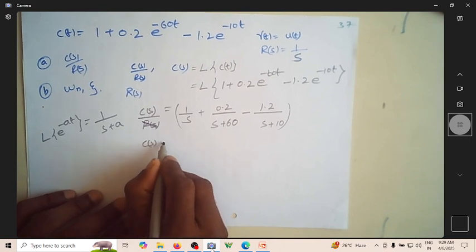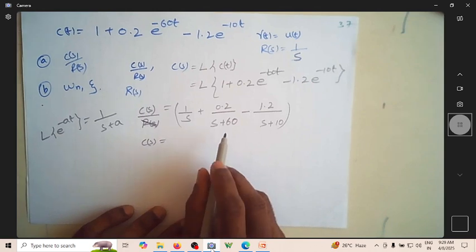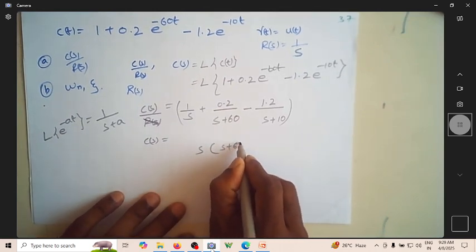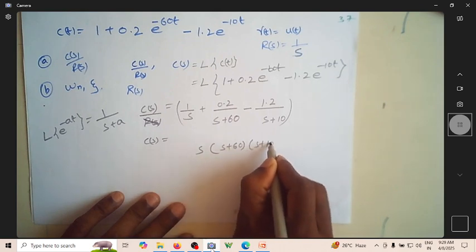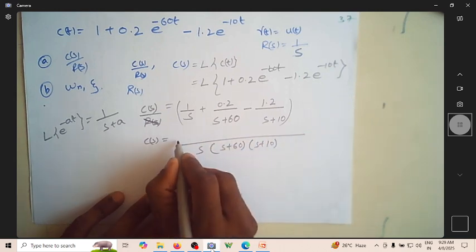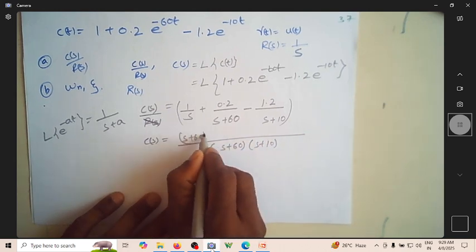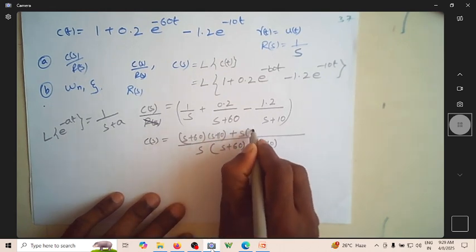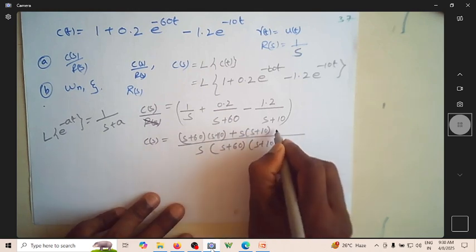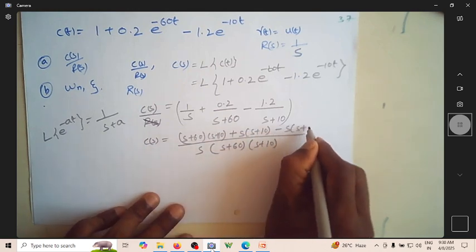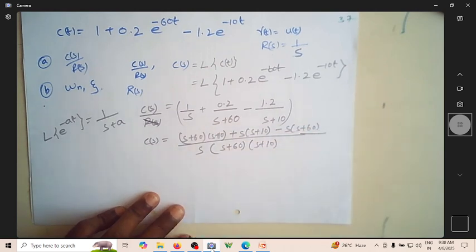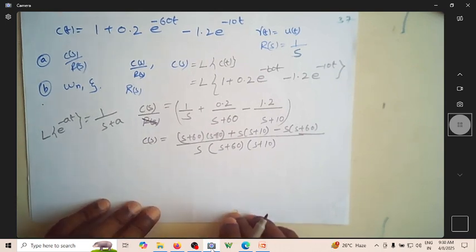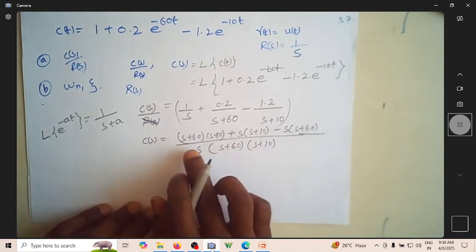Let me take the LCM of this. Will it not be s into s plus 60 and s plus 10? So we have (s+60)(s+10) plus s(s+10) minus s(s+60).